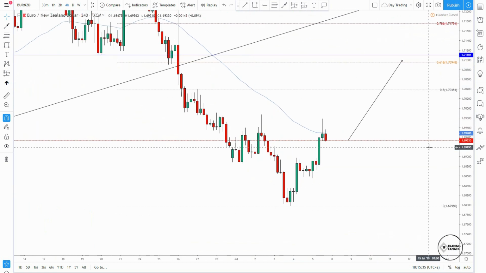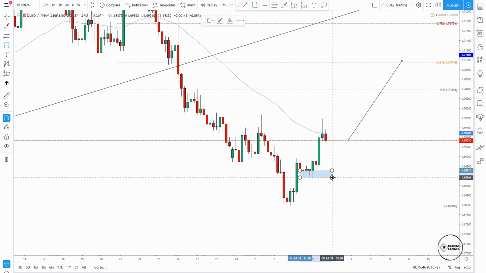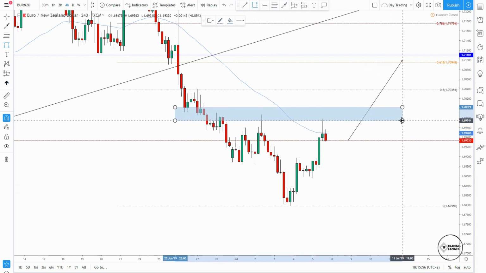So on the 4 hourly, even if we read between the lines again, we have this kind of sequence here, higher low formation, price failing to break below here, finding support, wick, boom to the upside. But now we're encountering this resistance area here.